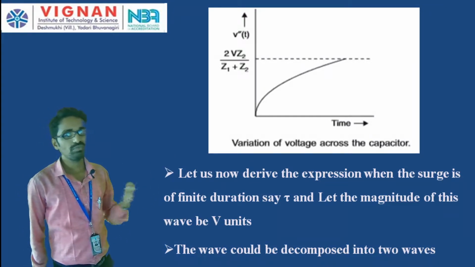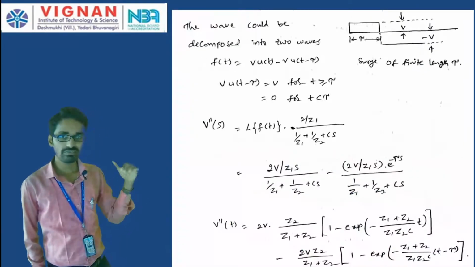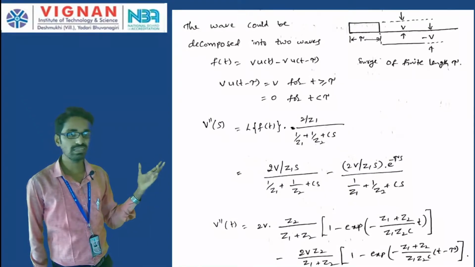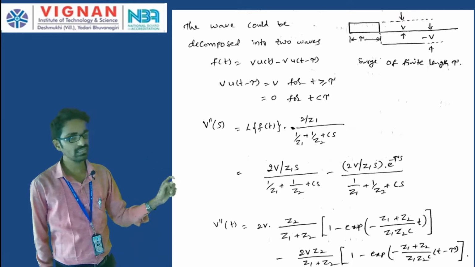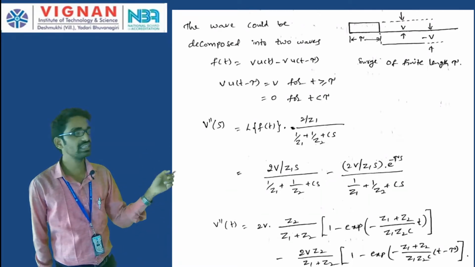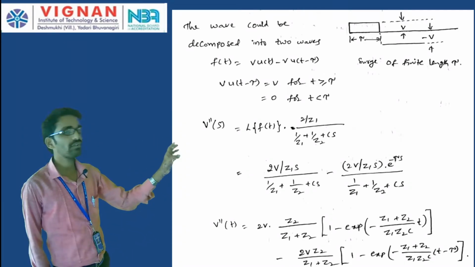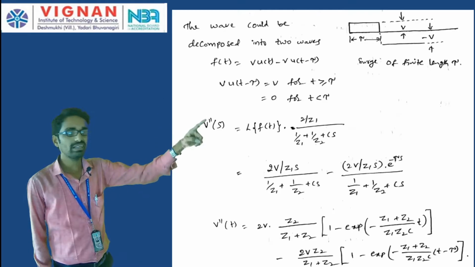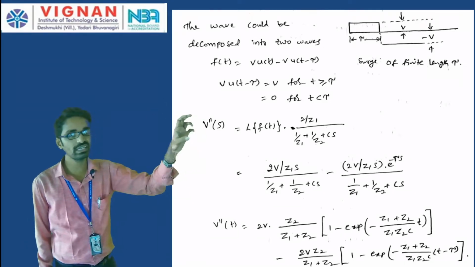The wave could be decomposed in two ways. That is, f of t is equal to V into u of t minus V into u of t minus tau. Here f of t is a function that I am assuming. From that graph, I have assumed a surge of finite length tau.